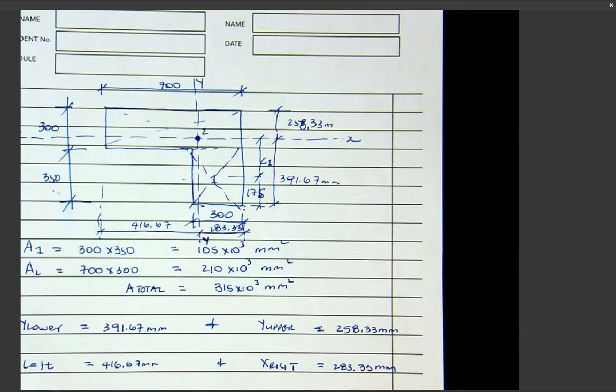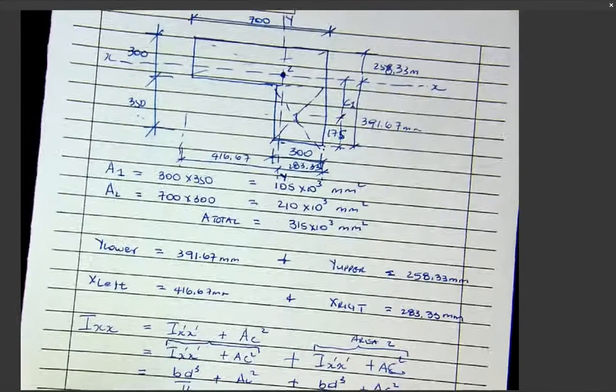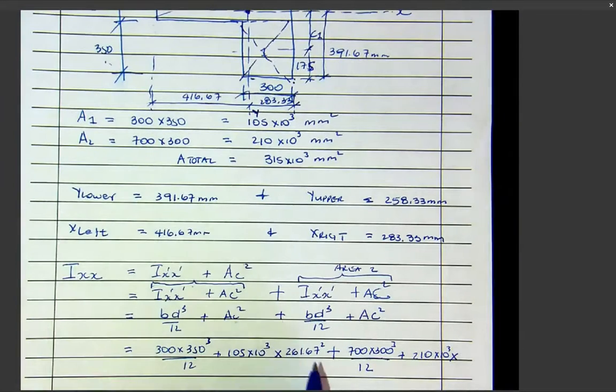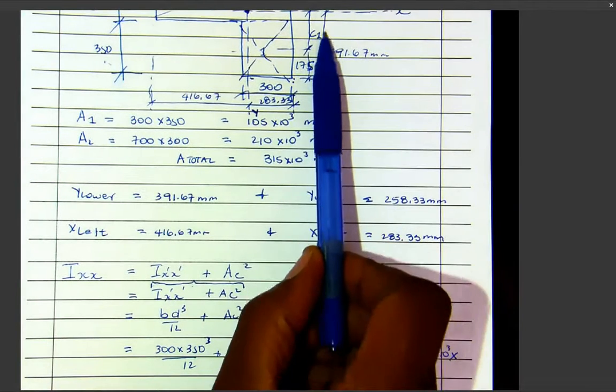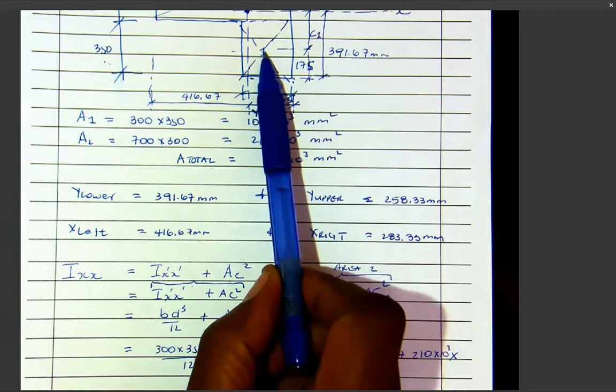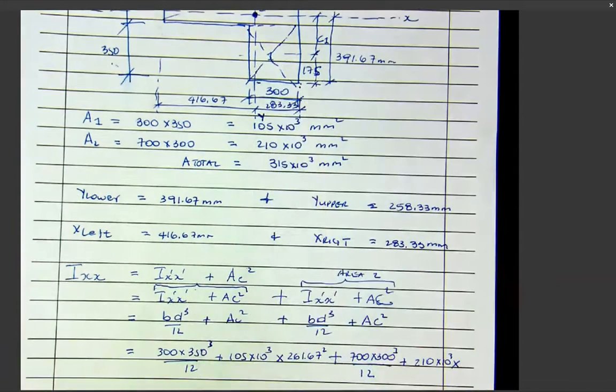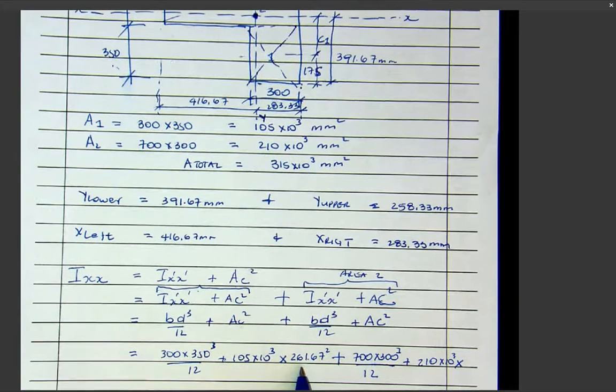So 391,67 minus 175. That gives me 261,67. That is my C value for area 1. I took my y lower, I subtracted the distance from there to there, then I'll be left with that distance. That gave me my C for area 1.